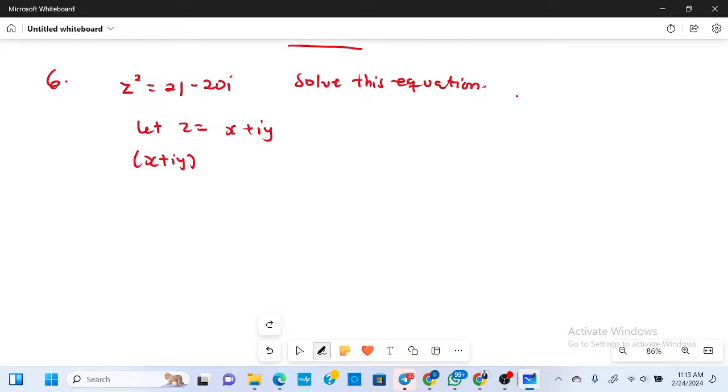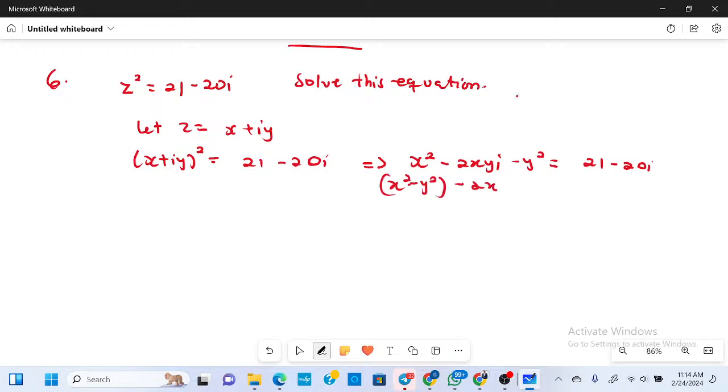So z is the only thing to be squared here. So it's equal to 21 minus 20i. At this point, I'll square this and I'm going to get x squared plus 2xyi, then I'll square this side and that is going to give me minus y squared, equal to 21 minus 20i. So I'll group this into real parts, then imaginary parts.